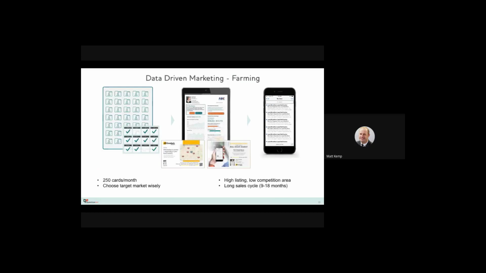So for Just Listed and Just Sold, it works the same way as the farming. Everything is very data driven. We have all of these data assets that go along through the card and redirect folks to these data assets. Whether for Just Listed and Just Sold, it goes to that property listings page. For something like farming, it's going to give the user a market snapshot of their area.